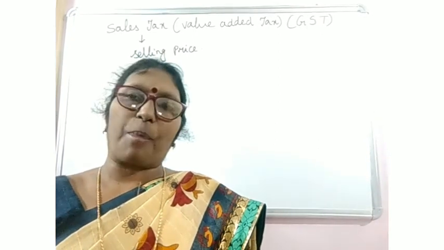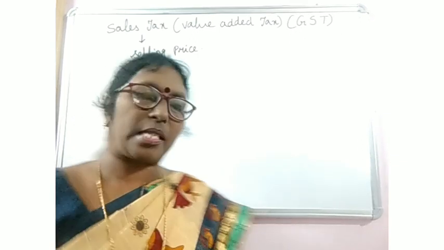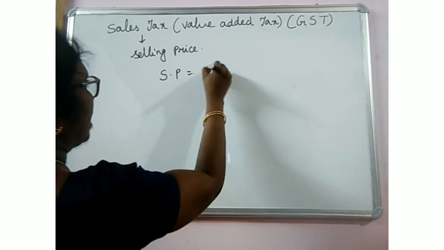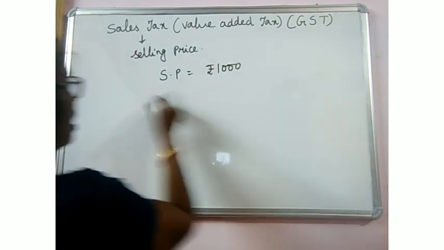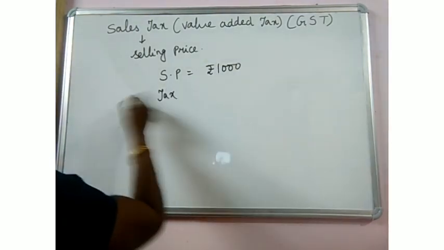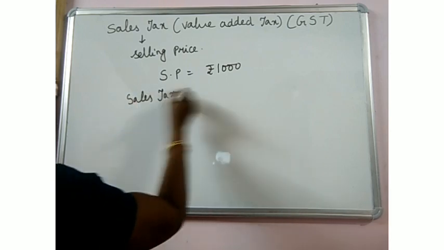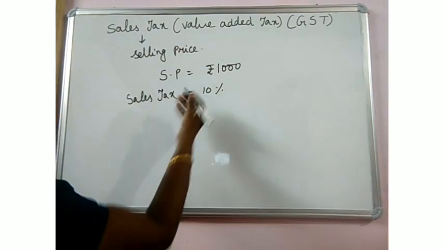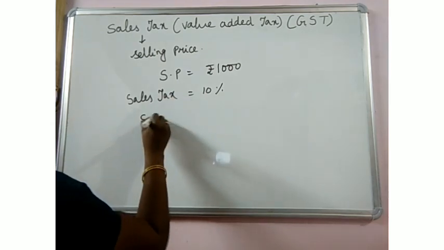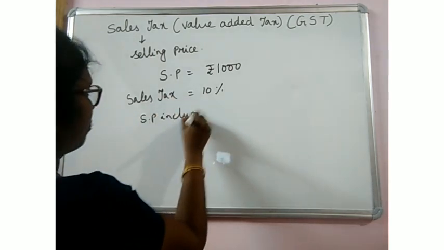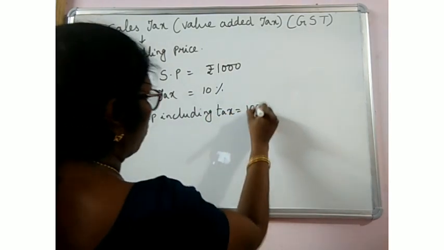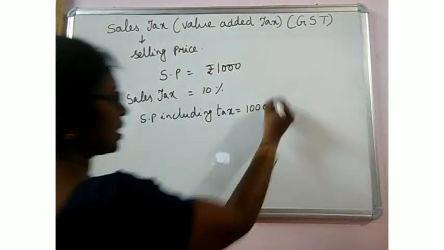If the selling price is 1000 rupees and the sales tax is 10%, then the selling price including tax is 1000 plus 10% of 1000.